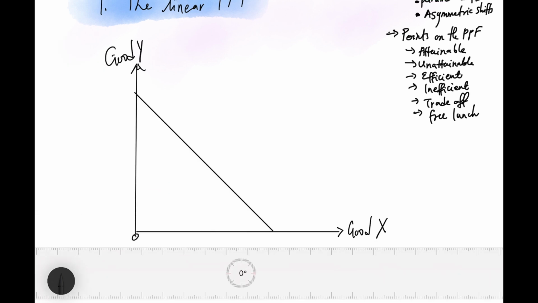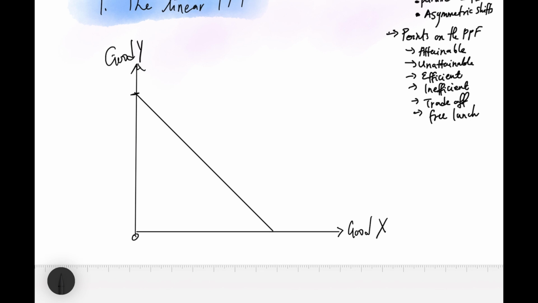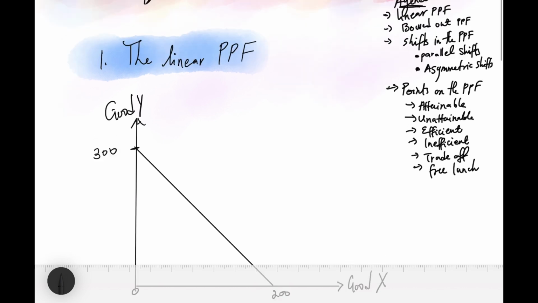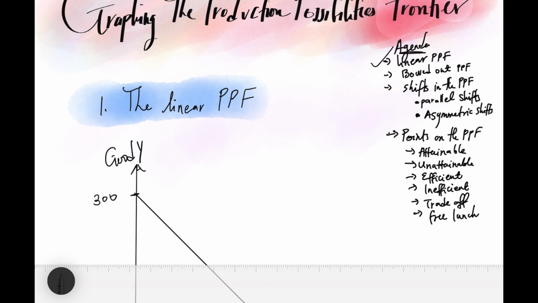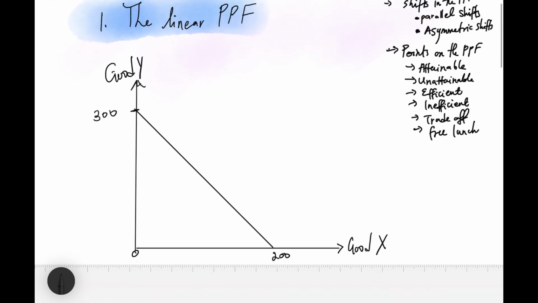And there we go. Now, if I know the quantities, I could write the quantities here. Let's say 300 units of good Y and 200 units of good X. And this is the linear PPF. Simple, right? Good. I'm glad you think so.